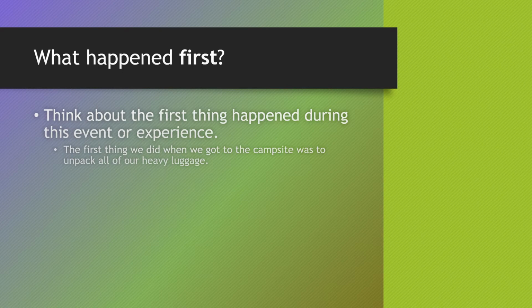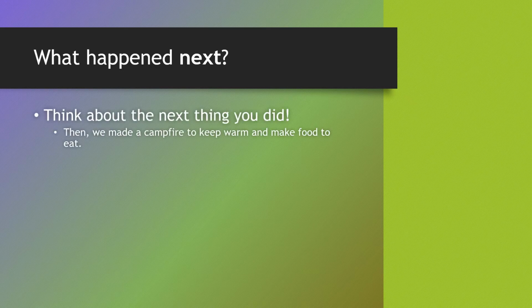Okay. Think about what happened next. Think about the next thing you did. Then we made a campfire to keep warm and make food to eat. So this is the second thing that I remember we did. We dropped off our luggage and then we made a campfire.